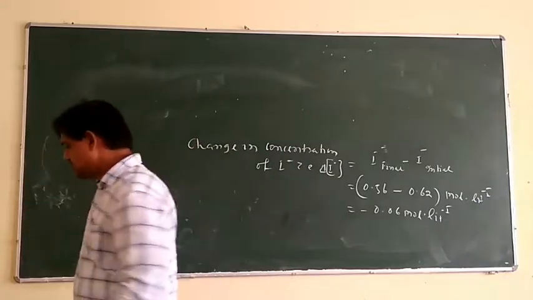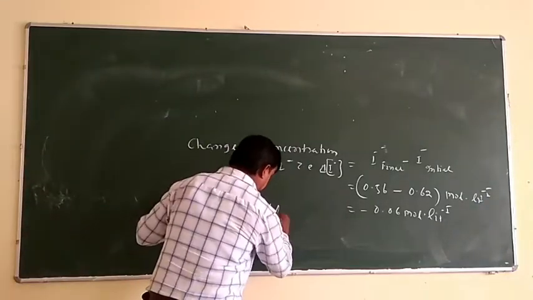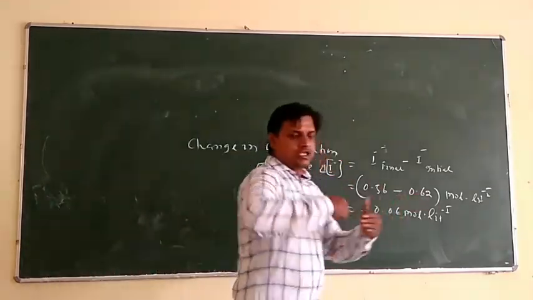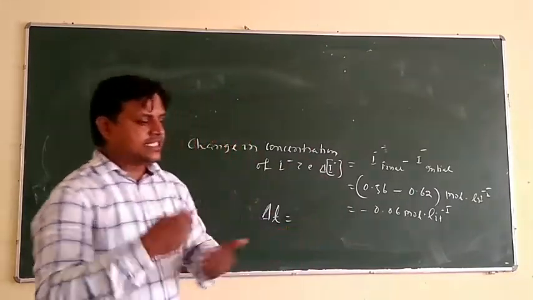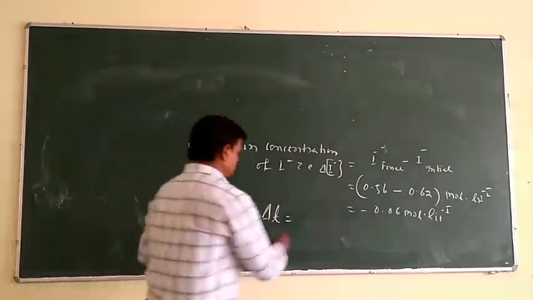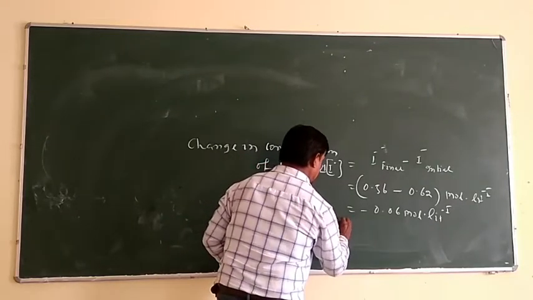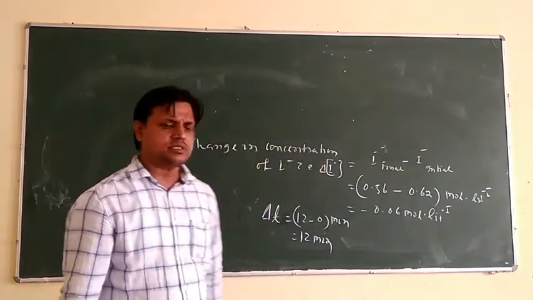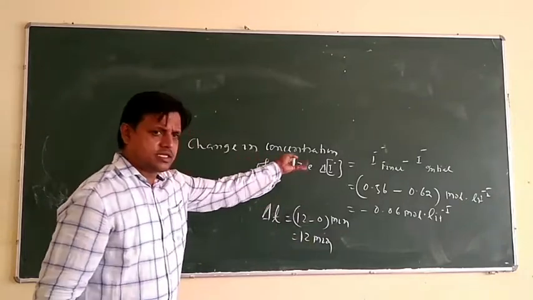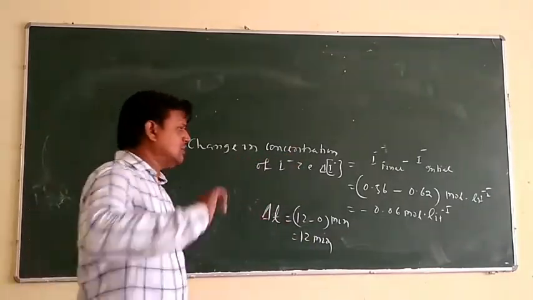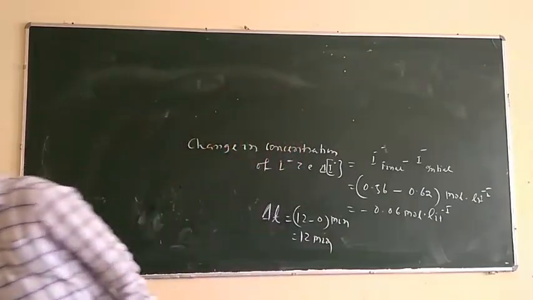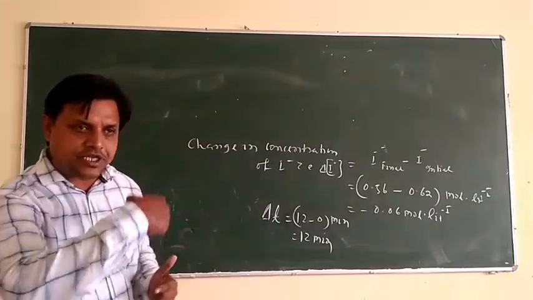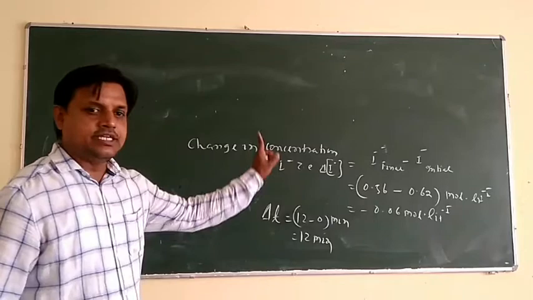Then find del t, the change in time: 12 minutes minus 0 minutes, that is 12 minutes. Change in concentration is given and change in time is given, so how can we calculate the rate? I minus ion is disappearing.